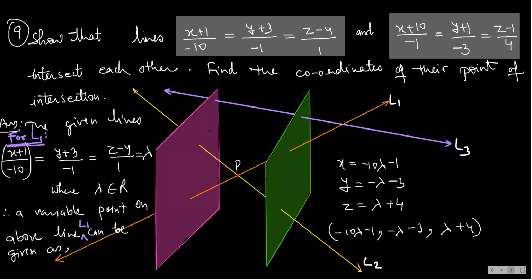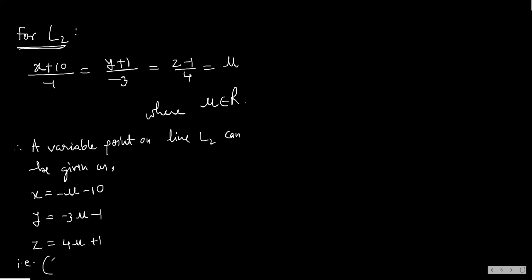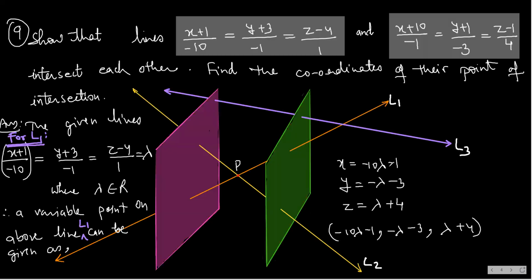What will be the variable point here? (minus mu minus 10, minus 3 mu minus 1, 4 mu plus 1). Very nice. Now everybody look at this here.